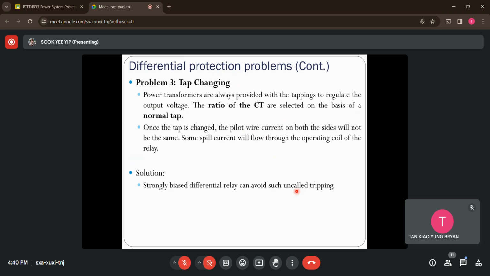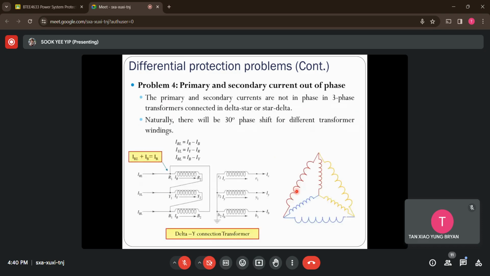Okay, so the fault problems here also come from the transformer itself, due to different connections for the three-phase winding, whereby the way we connect the primary winding and the secondary winding of the transformer will cause the primary current and the secondary line current to become out of phase.